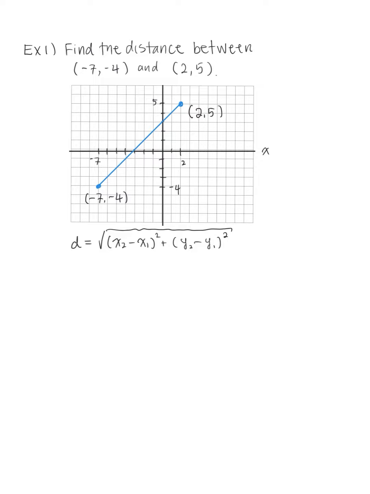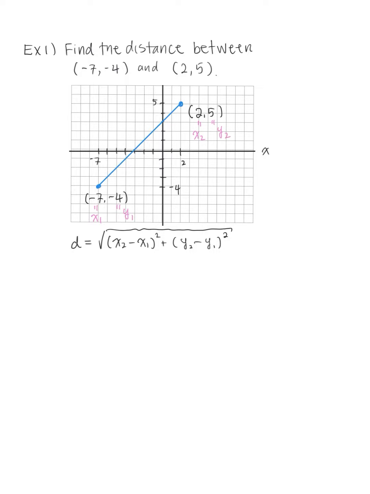So it doesn't matter which one you call x1 and y1, but if you call this guy x1, then the corresponding value should be y1. What I'm trying to say is you can call this one x2, y2 and x1, y1 if you wanted to. It doesn't matter. Your answer will be exactly the same. But just so that we all do it the same way, let's take this guy to be x1 and this is y1. And let's take this guy to be x2 and then y2.